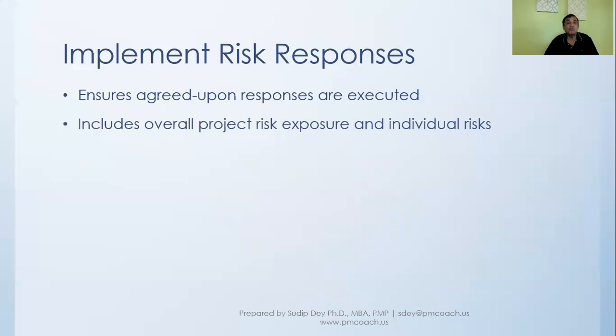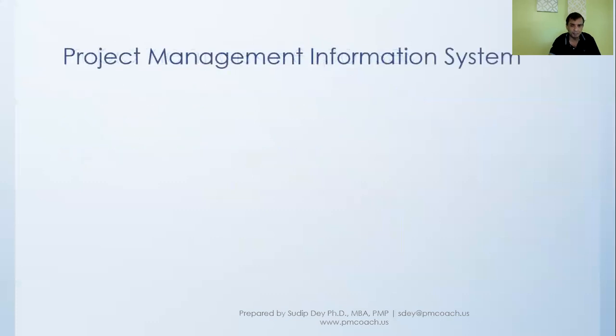When we do this, we look at both the overall project risk exposure and individual risks, and this is performed throughout the project. So we have to keep an eye on the risks that we have identified and the plans, and whenever at any point in the project we come across a risk, we will apply those responses as we have planned.